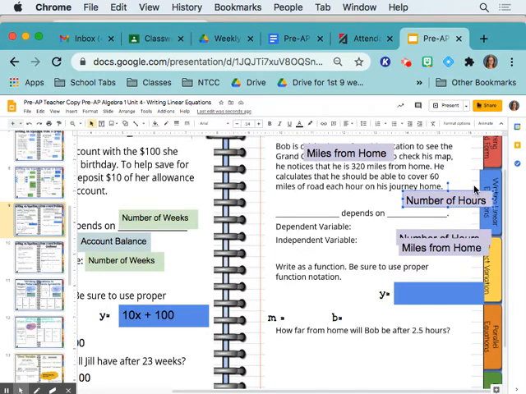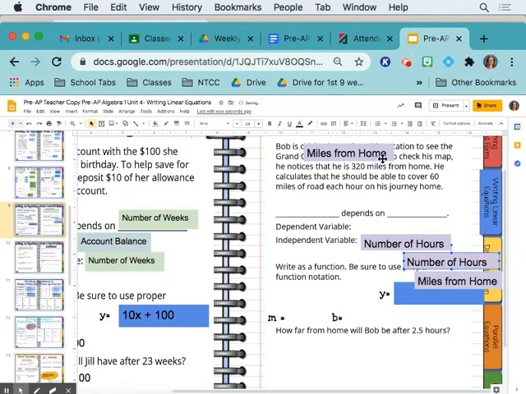Because what's the X value if we think about our rate of change? 60 miles of road each hour. So what's the X value represent in that? Like what's the variable? 60 miles of road each hour. That's 60x. Number of hours is X. So number of hours is your independent.